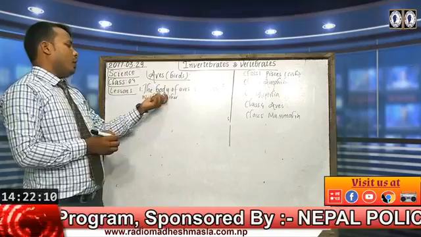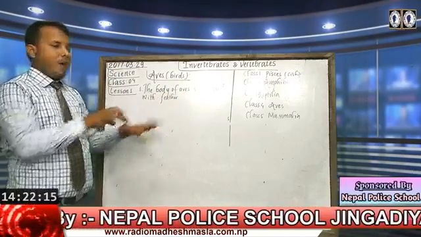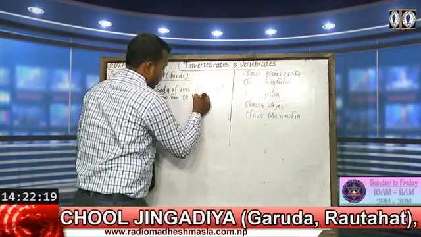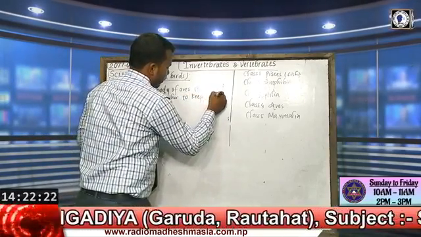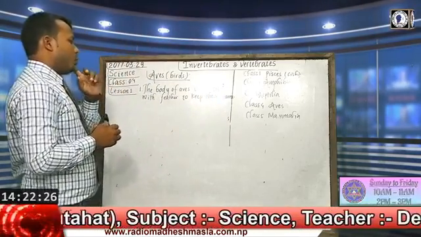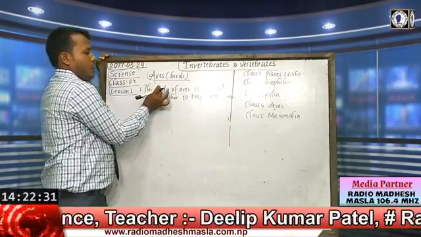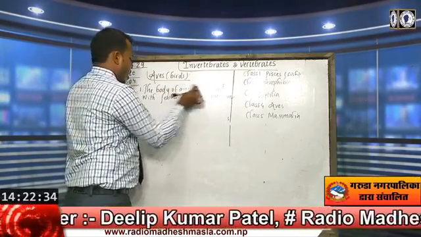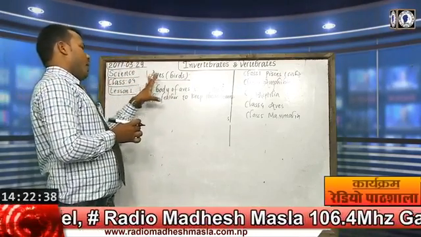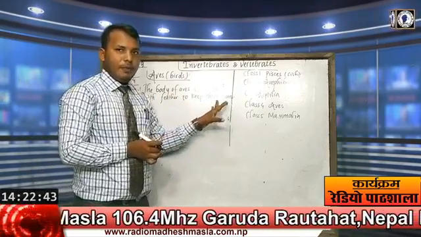Remember that the body of Aves is covered with feathers to keep them warm. Why do they have feathers? To keep them warm, isn't it? These are the characteristics of Aves.